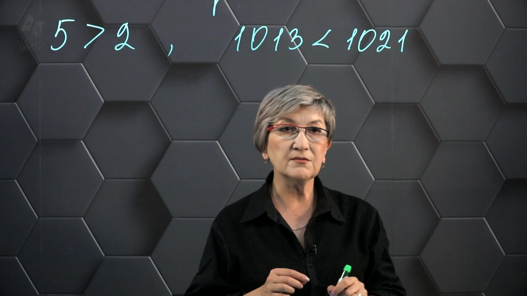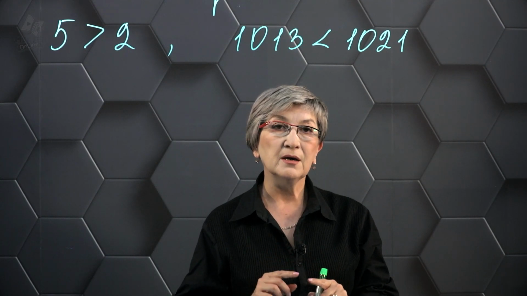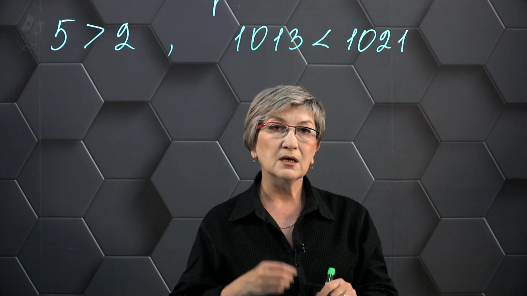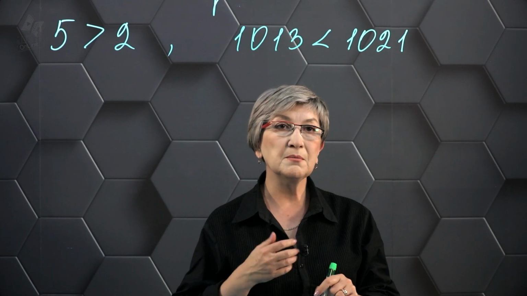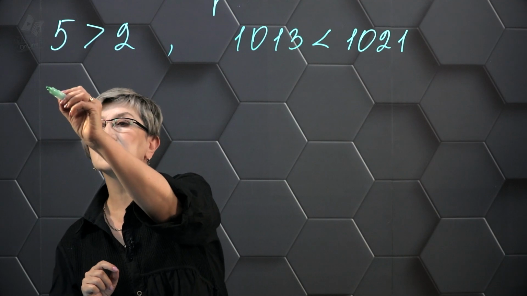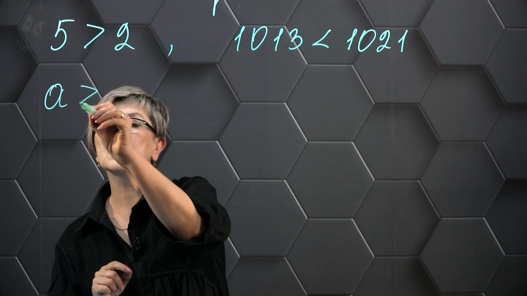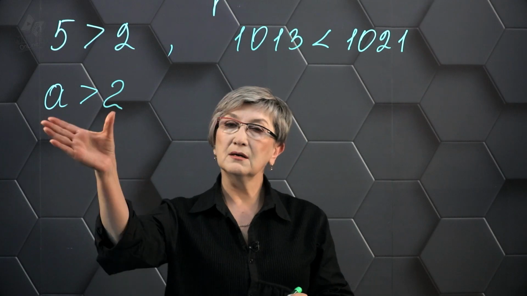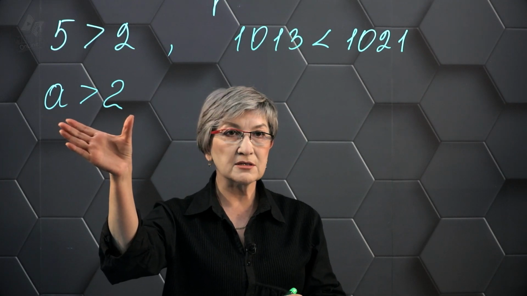And you know how to compare these numbers, but in math, there's another kind of inequality that involves a variable. For example, if I write down the following inequality, a is greater than 2, what would that mean in math? First of all, it is an inequality.